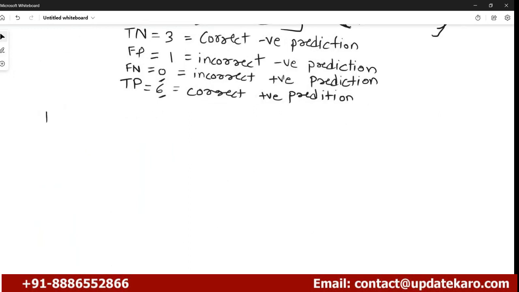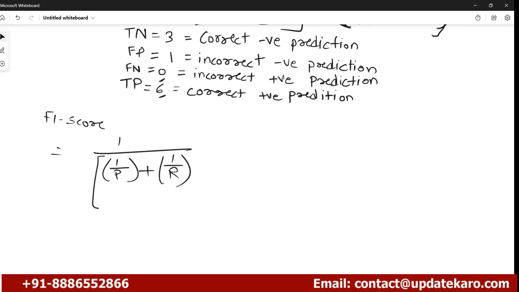The F1 score is 1 divided by 1 over your precision plus 1 divided by recall, and here you will find that it is divided by 2.